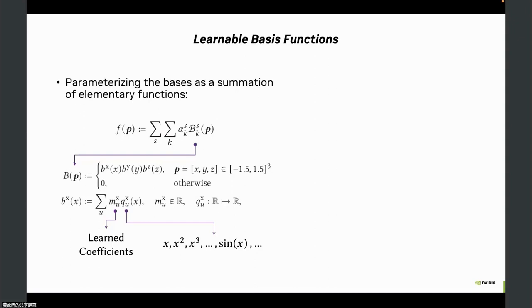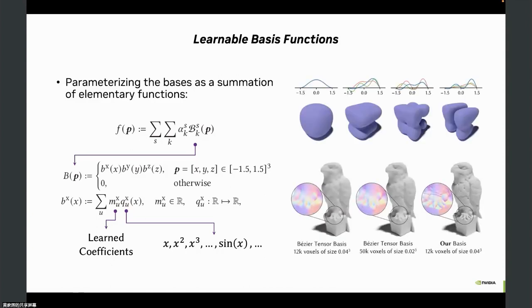We combine these basic elementary functions with learned coefficients, meaning these coefficients are predicted by neural networks, and then we combine them to form various different kinds of basis functions, like what is shown in the top right corner.